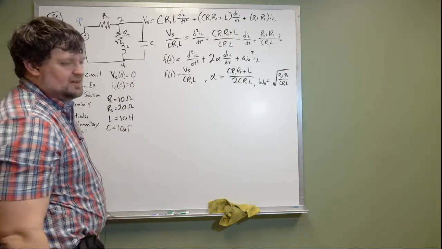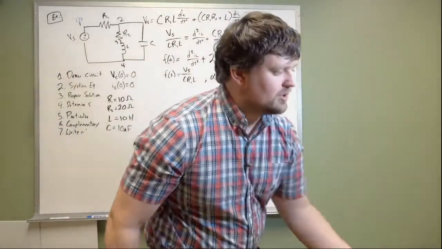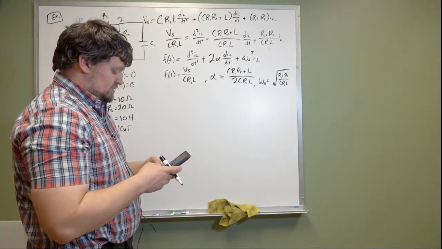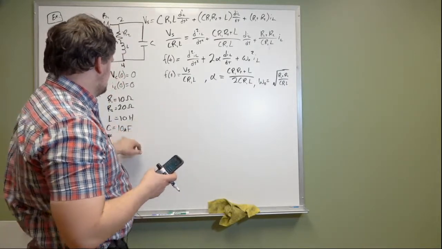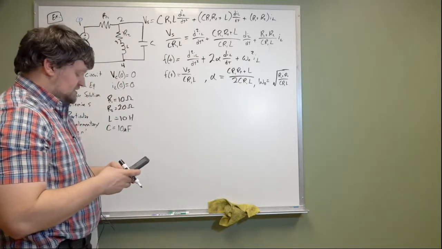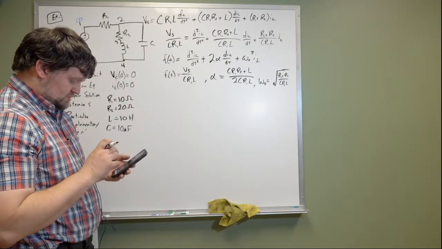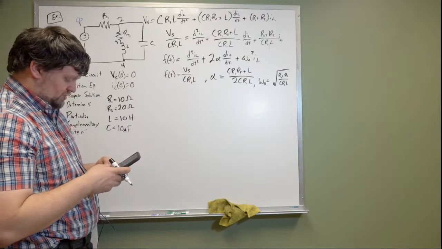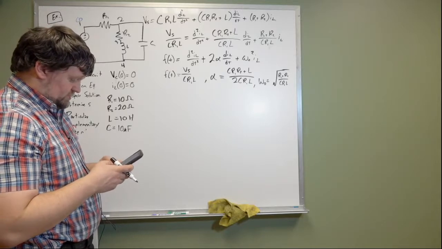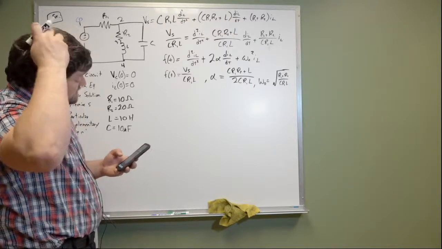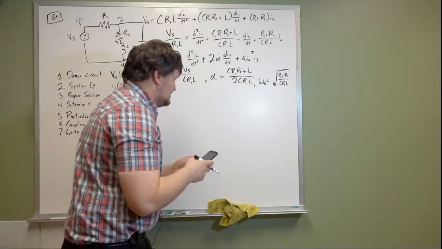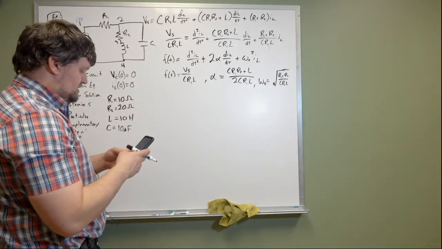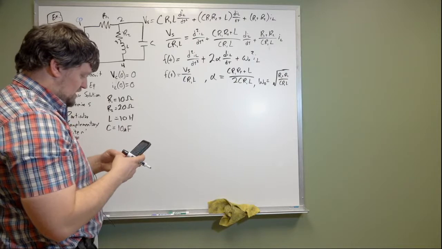So let's actually calculate out alpha then. Will give us a nice number to work with. So here, alpha is equal to 10 times 10, so that's 0.0001 farad times R1 is 10 times 20 plus 10.